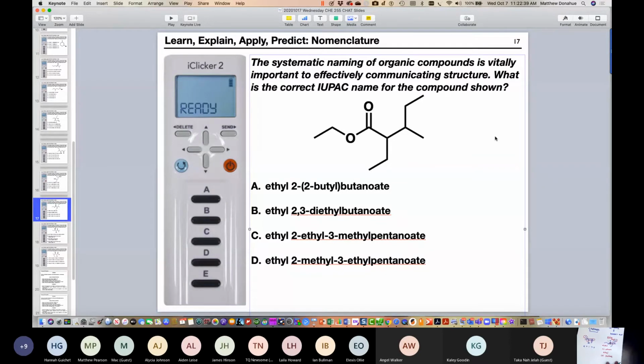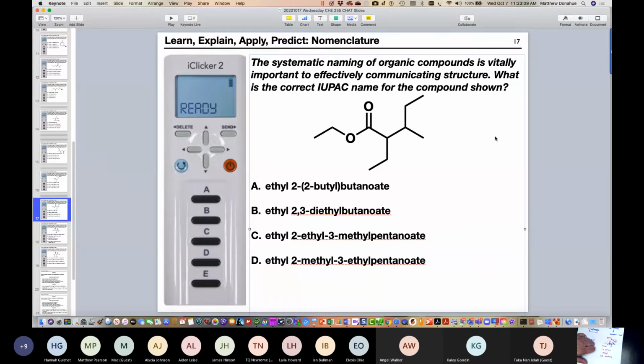So just like with an acid, the carbonyl group bearing the oxygen has to be included in the main chain, and it's typically carbon 1. So now that we've done that, it's 5 carbons. We drop the E, then we add OATE.